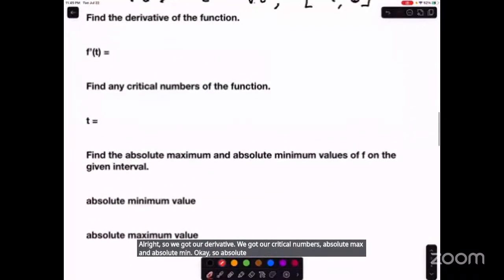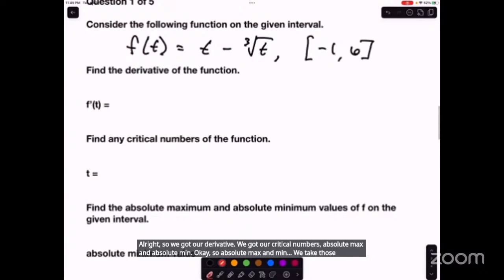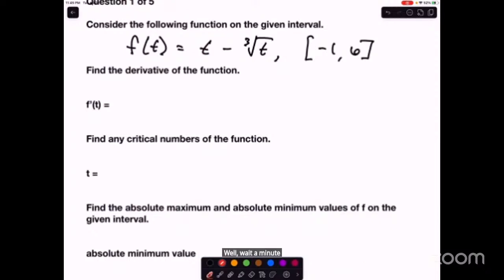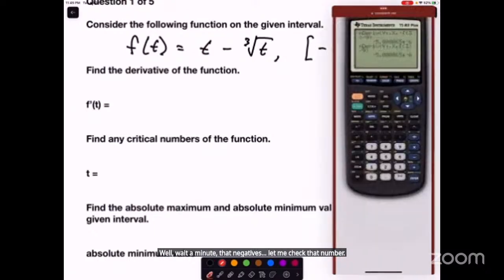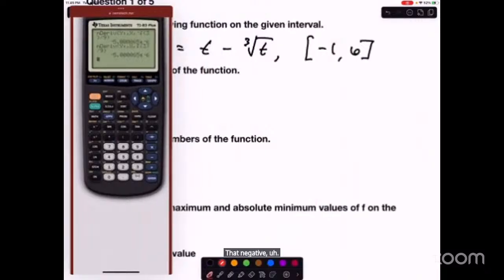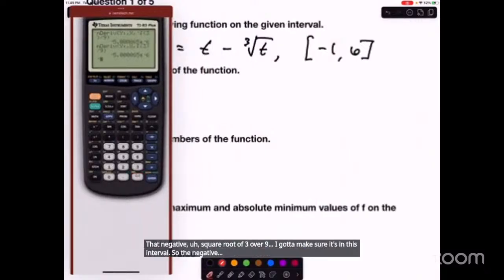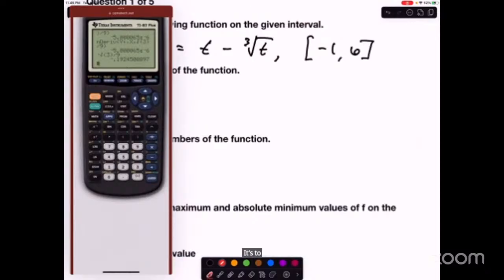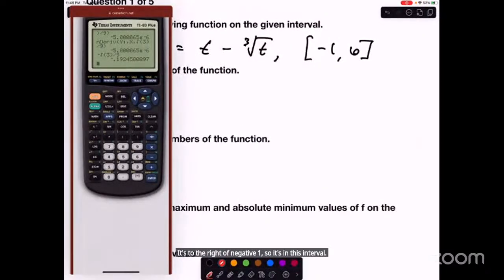To find them, we take those critical numbers and compare them. Well, wait a minute. That negative square root of 3 over 9, let me check that number. I got to make sure it's in this interval. So the negative square root of 3 divided by 9 is, okay, yes, in there. It's to the right of -1, so it's in this interval.